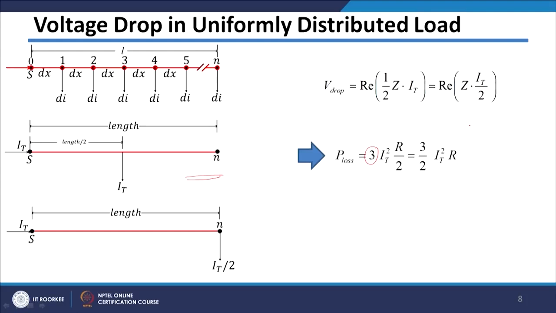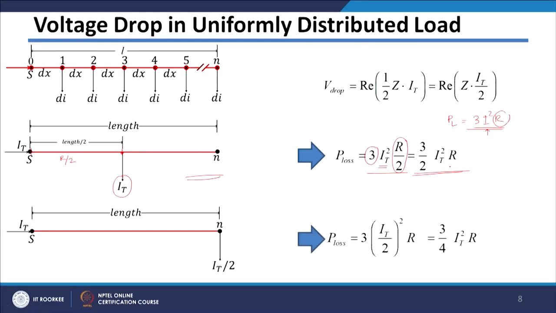We know that power loss is nothing but I square R. Since there are 3 phases, I need to use 3 I square R. In this case, the current is the total IT current, so it will be IT square, and the resistance will be half of the feeder resistance, that is R by 2 up to half distance. So your power loss will be 3 IT square times R by 2, therefore total power loss will be 3 by 2 into IT square R.